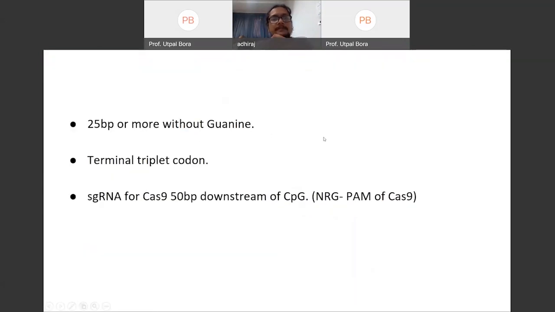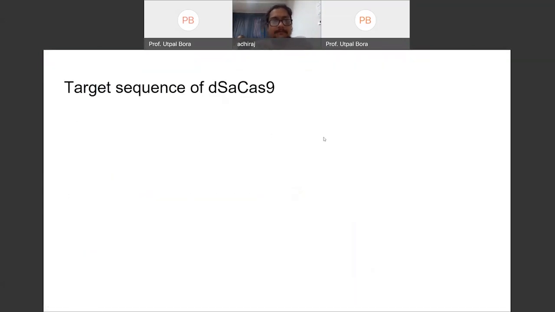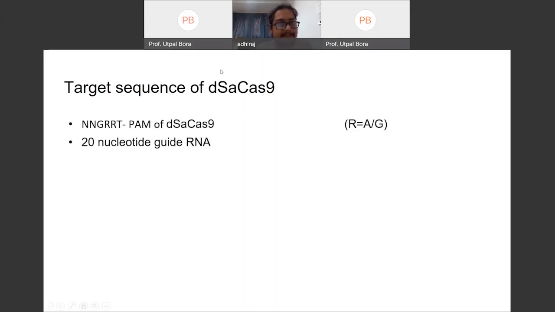Now, using the same thing, we can search for target sequence of Cas9. SaCas9 is a variant of Cas9 protein which has a PAM sequence of NNGRRT, where R can be either A or G, right? It is followed by the PAM sequence, and before that it has a 20 nucleotide guide RNA sequence. So does anyone want to try what the regular expression for this endonuclease should be?